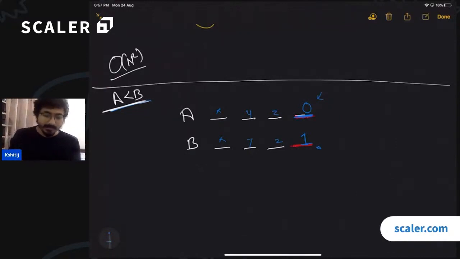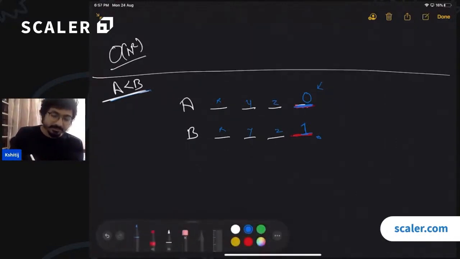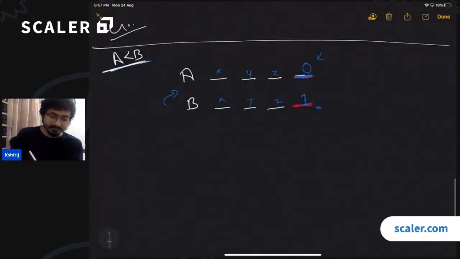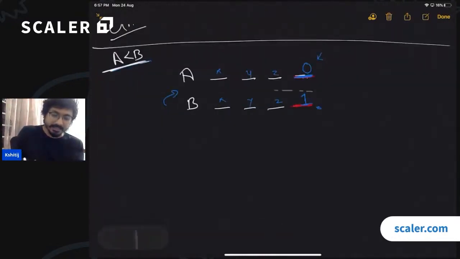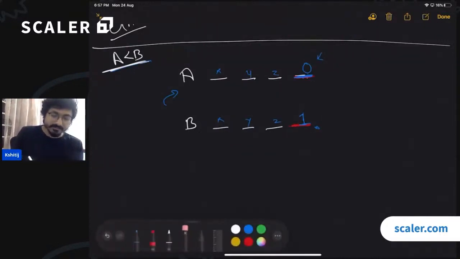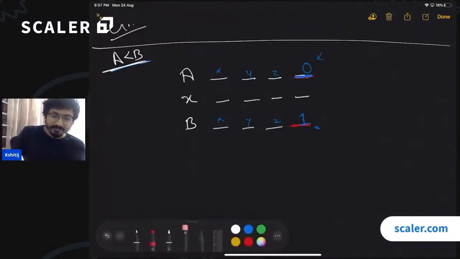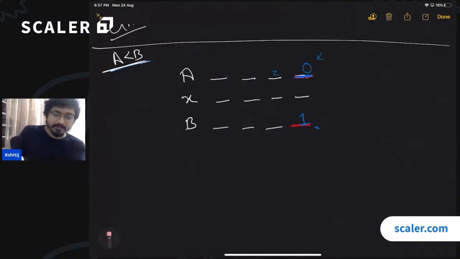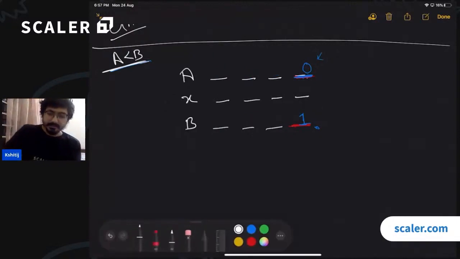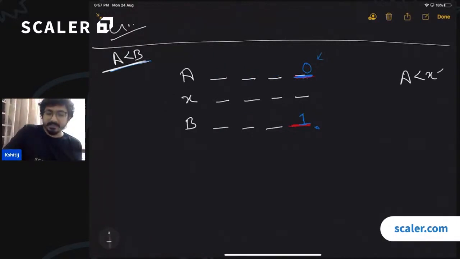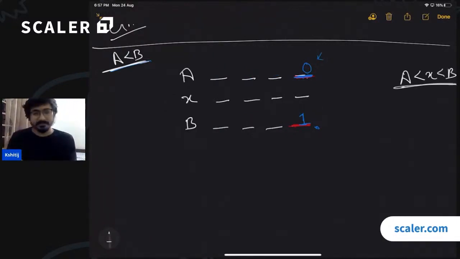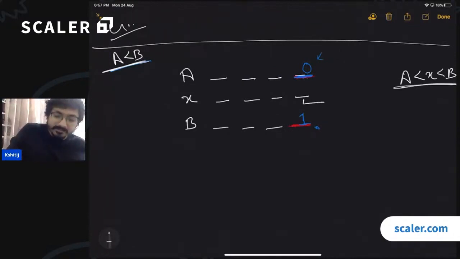Now, if there is another value between A and B, let us call it X. A and B are not consecutive, but just two values in the array, and now we insert a value X here, which has a value between A and B. So I can say that A is less than X, which is less than B. What can we say about this bit in X?